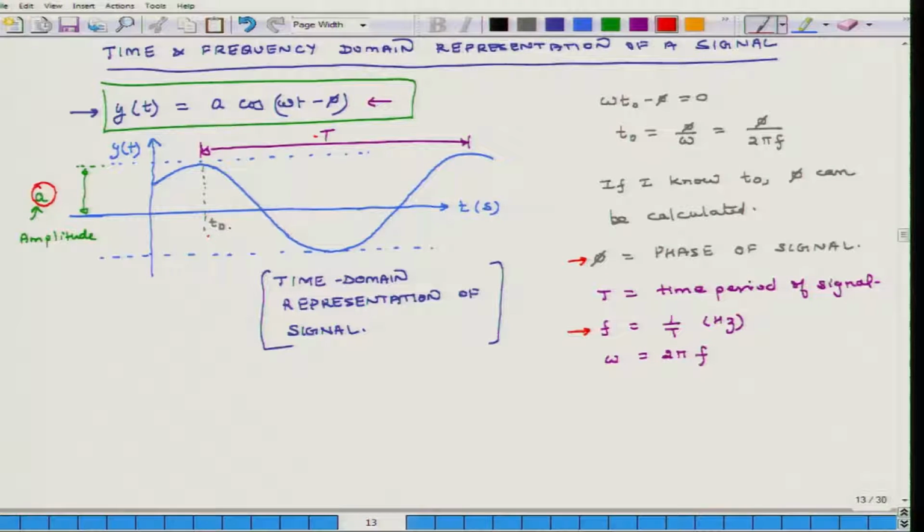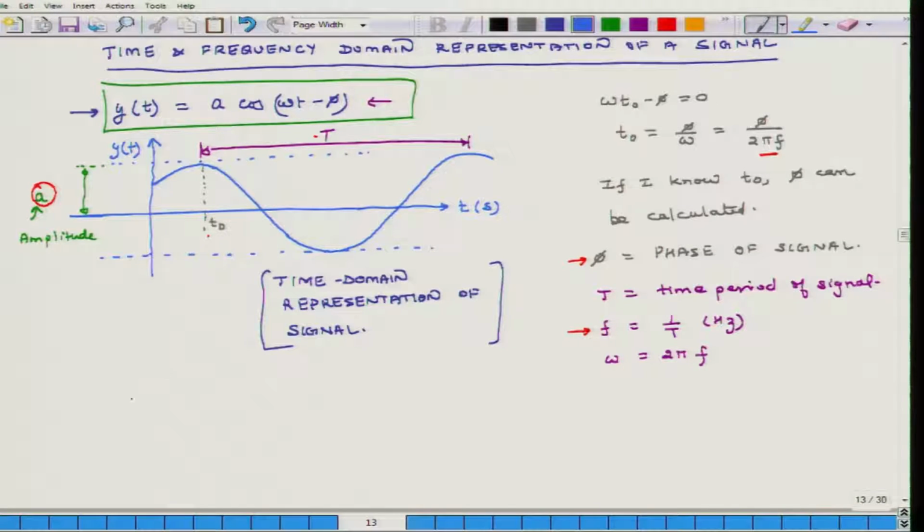Okay. From T naught I can calculate phase using this relation: phi divided by 2 pi f is T naught. So, if I know T naught, then I can calculate the phase from here. Now, I can plot this whole signal in another way, and that is the frequency domain representation.